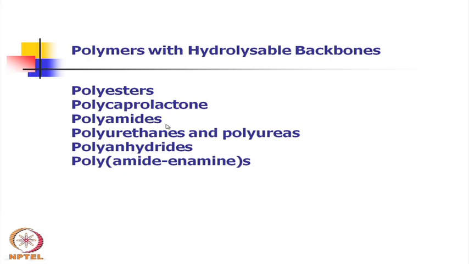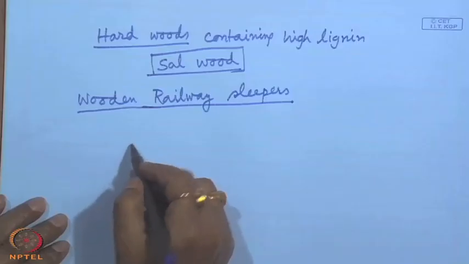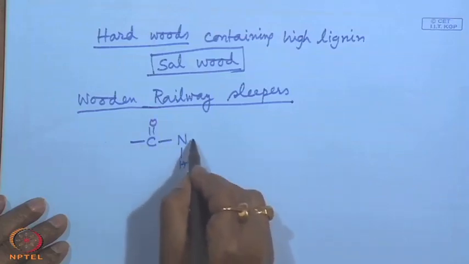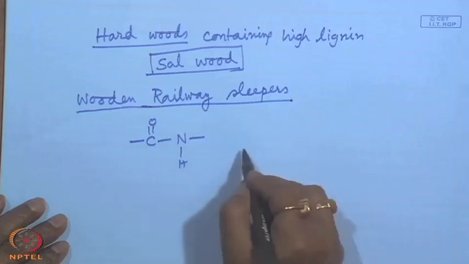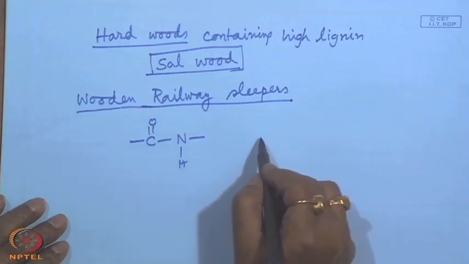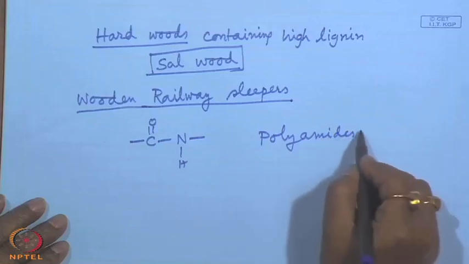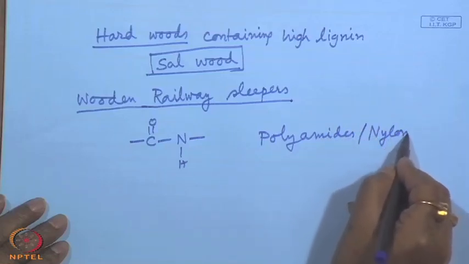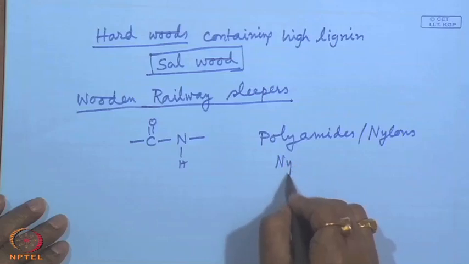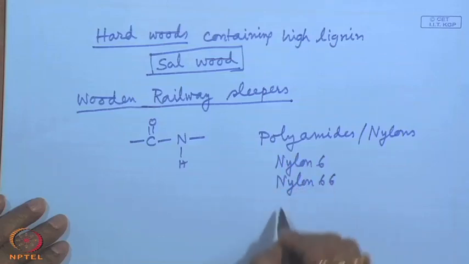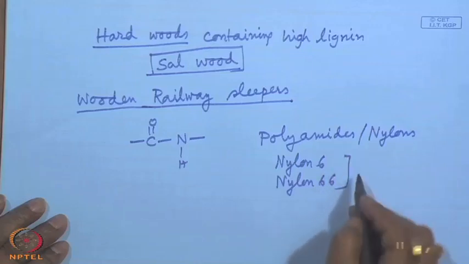Polyamides have peptide linkage, the linkage present in proteins. The same linkage is present in polyamides or nylons, say nylon 6, nylon 6,6, which are aliphatic nylons.